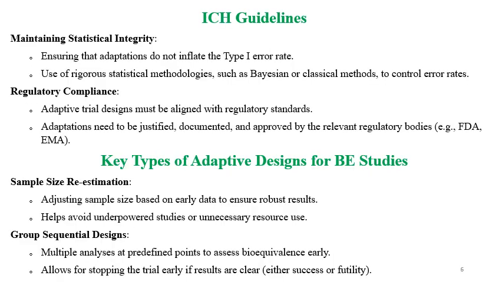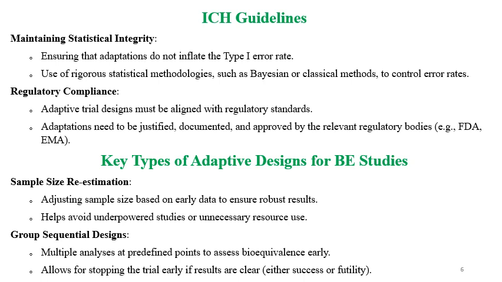ICH guidelines give you information for maintaining statistical integrity, ensuring that the adaptations do not inflate the type 1 error. Error of type 1 should not be there whenever you are performing or planning for the adaptive designs. Use rigorous statistical methodologies such as Bayesian or classical methods to control error rates.